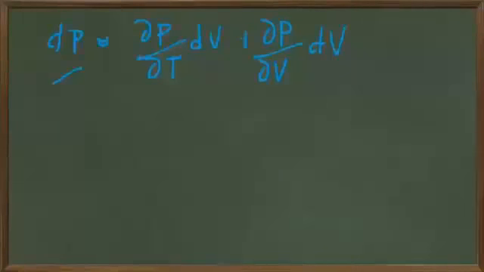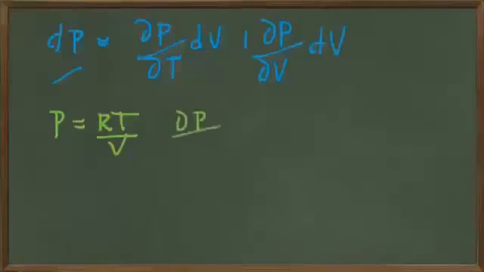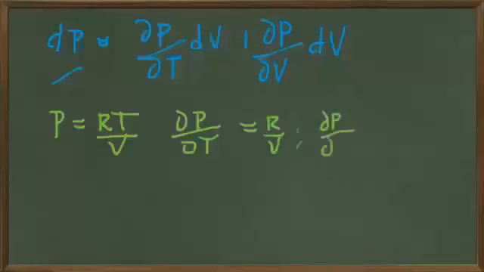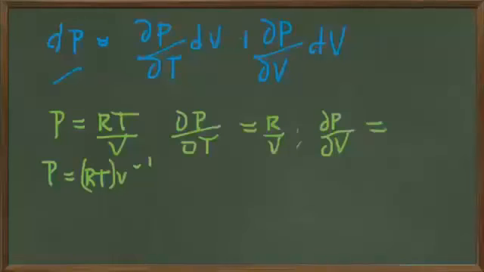Remember that we're defining pressure as RT over V, so partial P partial T is going to hold R and V constant and give us just R over V, whereas for partial P partial V, we should rewrite pressure as RT times V to the minus 1, where this part is a constant, so partial P partial V would be minus RT times V to the minus 2, or minus RT over V squared. So plugging that in to our dP equation, we get this.